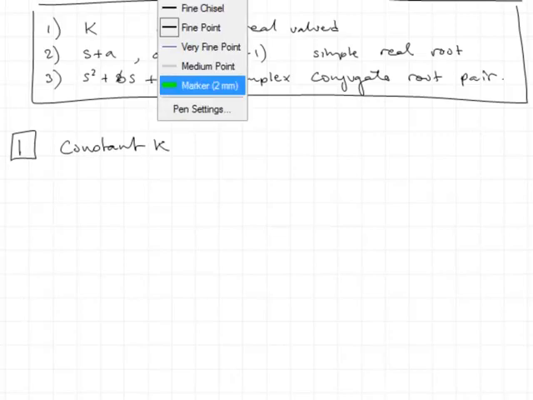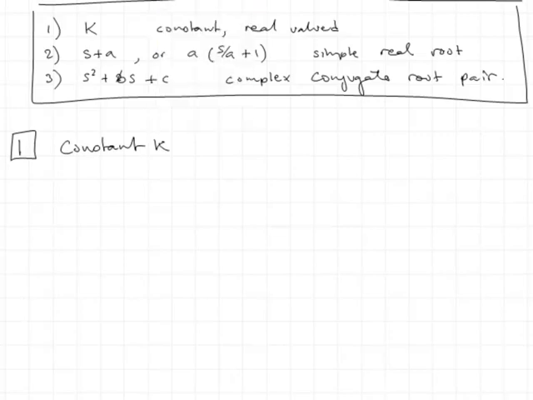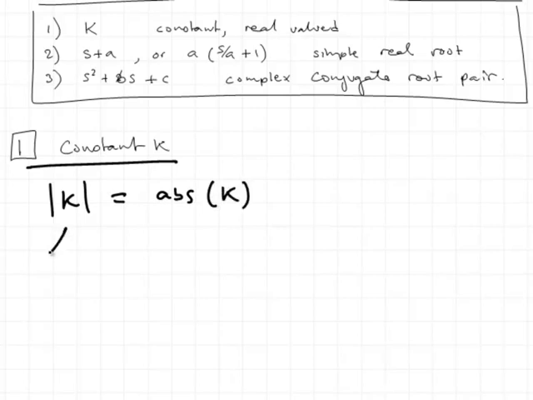I'm going to increase my pen size. The magnitude of a constant k is just going to be equal to the absolute value of k. All right? And the angle of k is going to just be equal to 0 degrees if k is positive, and 180 degrees if k is negative.